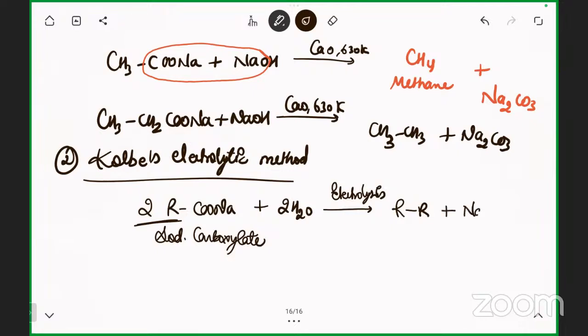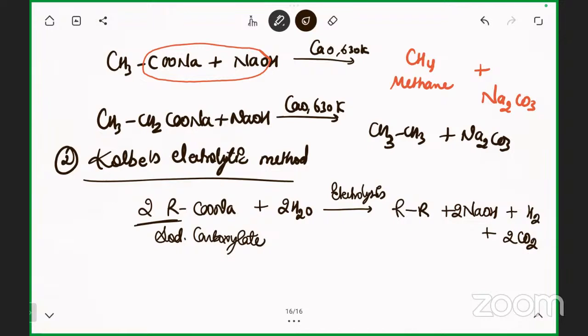Along with it, two molecules of NaOH will form, then hydrogen, and carbon dioxide is eliminated in this reaction. So this is a method of preparation of alkanes with the help of carboxylic acids, but with the help of current.